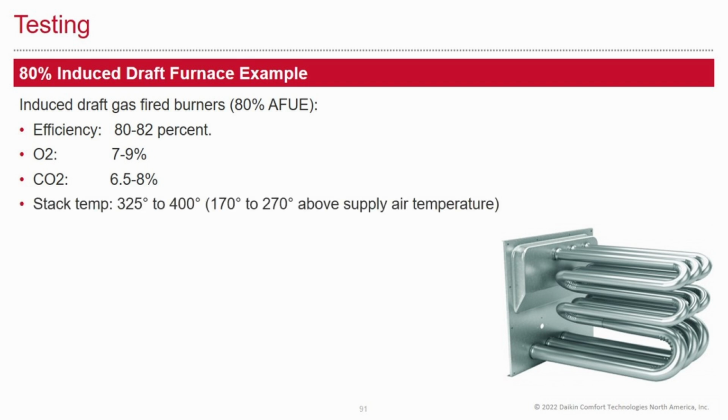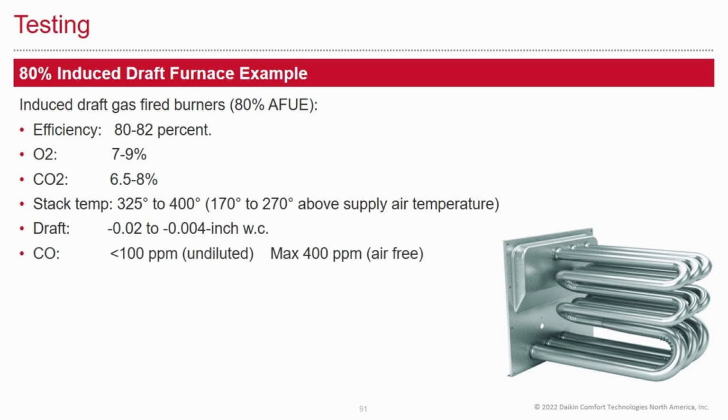Stack temperature 325 to 400 degrees Fahrenheit, or 170 to 270 degrees above supply air temperature. Draft 0.02 to 0.04 inches of water column. Carbon monoxide below 100 parts per million undiluted, maximum 400 parts per million air-free.